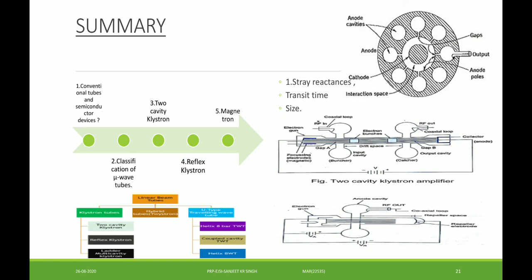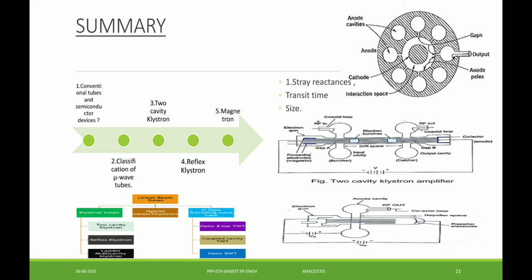Then we saw the classification of the O-type linear beam tubes, the klystron tubes: two cavity, reflex klystron, then multi-cavity. Multi-cavity makes the bunching more effective and hence more powerful output can be obtained. Then hybrid: we saw in the classification the M-type traveling wave tube, and that we will be studying in the further presentation.